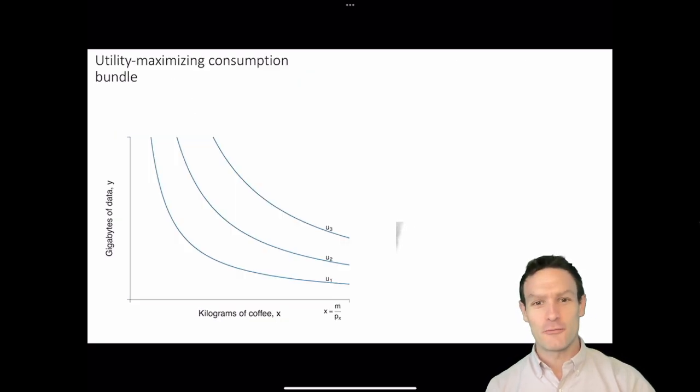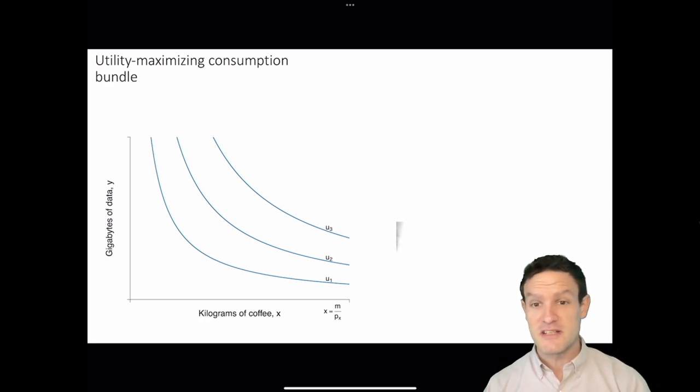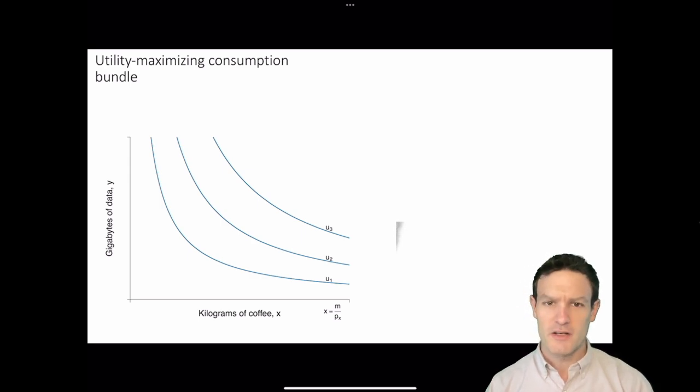Now, in order for us to think through her utility maximization, we can't do that without indifference curves. So here we have a set of three indifference curves for Harriet, U1, U2, and U3, in terms of the two goods, kilograms of coffee and gigabytes of data.